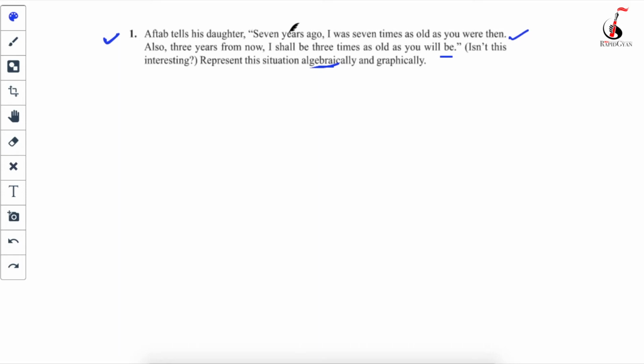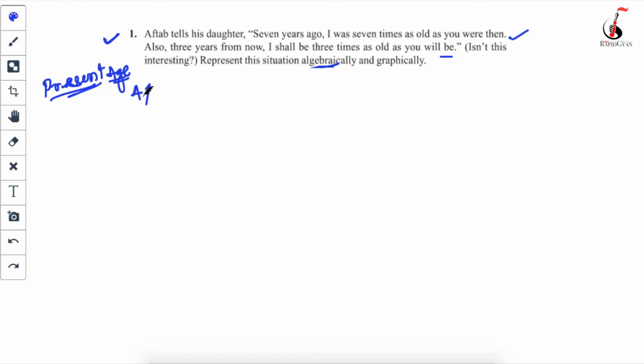So from the first statement, what will you have to assume? Let's assume their present ages. Why do we assume the present age? Because they are comparing with the present; they are taking the reference of the present.